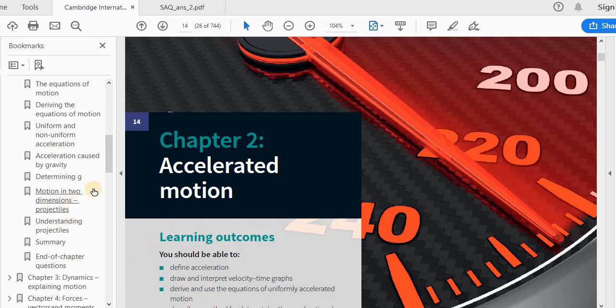Determining that, motion in 2 dimensions. If you do higher levels of physics, you will have motion in 3 dimensions also, but we are not concerned about that. We want motion in 2 dimensions. That's why we resolve the velocity in the horizontal and vertical directions, because it is in 2 dimensions. Now, for example, if something is moving along a certain axis, that means it is moving in one dimension.